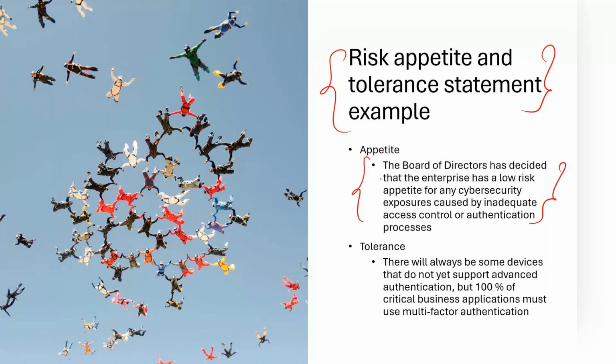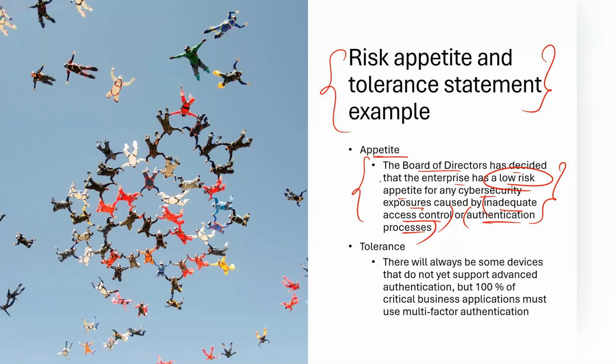From an appetite perspective, the statement could say, and this is a very high-level example based off a real-world perspective as well, that the board of directors has decided that the enterprise has a low risk appetite for any cybersecurity exposure caused by inadequate access control or authentication process, right? That means the enterprise is really focused on the adequacy of the access control and the authentication mechanisms and processes that have been adopted within the firm.